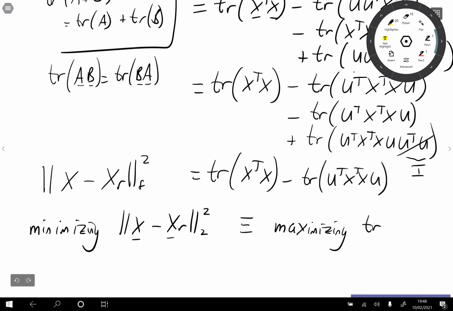So maximizing the trace of U transposed X transposed X U. So choosing U to minimize the error in X_R, which was X U U transposed, we said, choosing U to minimize this reconstruction error is the same as choosing U to maximize this trace term.